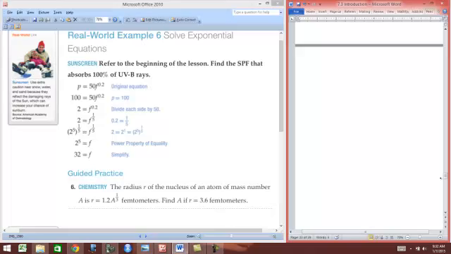And as they say here, so 2 raised to the 5th power raised to the 1/5 power. So we use the power of a product, so we got 2 to the 5 over 1 times 1/5 equals 2. So we haven't changed the base. We haven't changed anything. Okay?